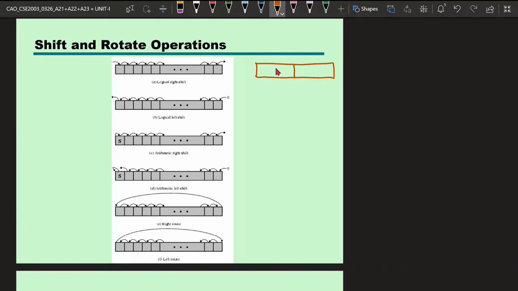Suppose this is a register content: 0 1 0 0 1 1 0 0. If we want to have a logical right shift, we need to shift it to the right side. So after shifting to the right side, the content will be like this.